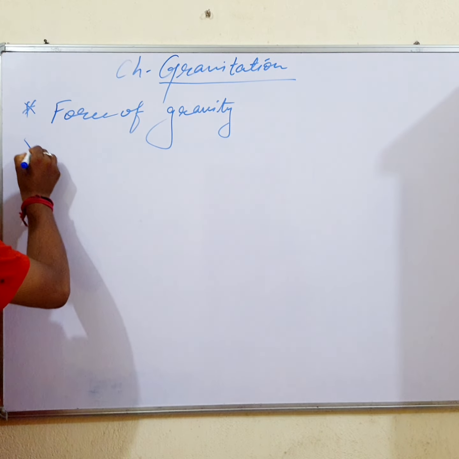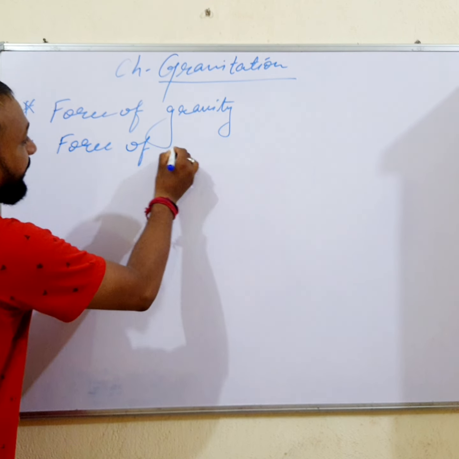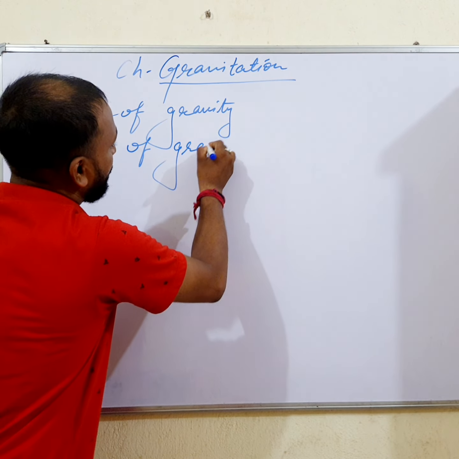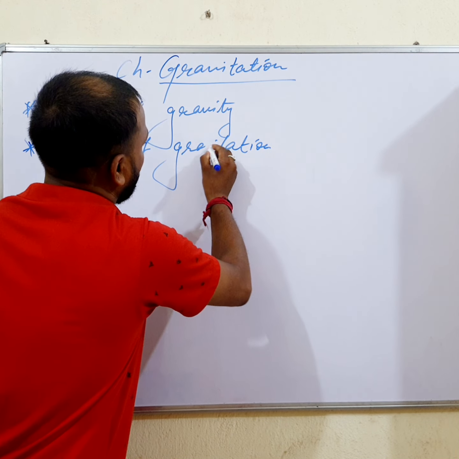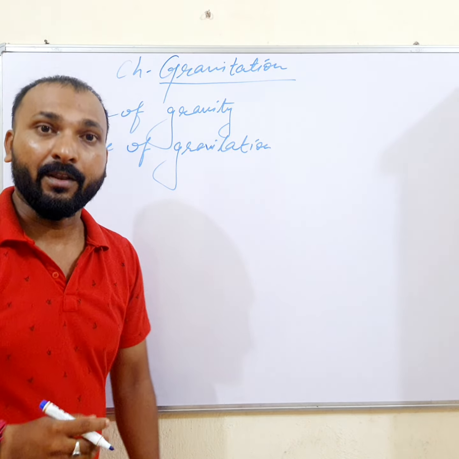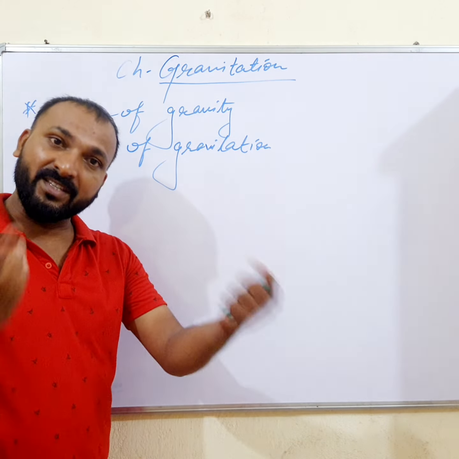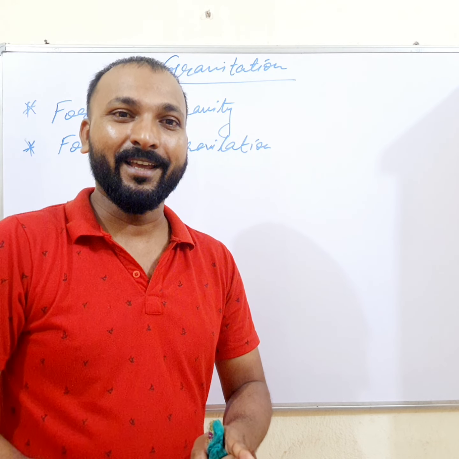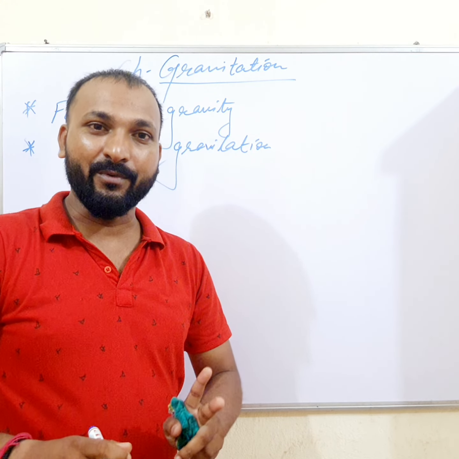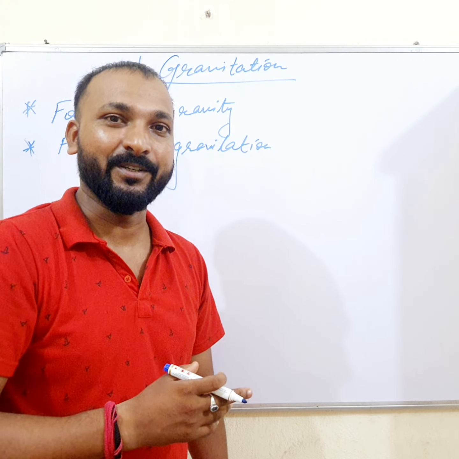Now the next topic is force of gravitation. Now what is the meaning of force of gravitation? When Newton came across this concept, he said that first of all, in the universe, two bodies are attracted to each other.